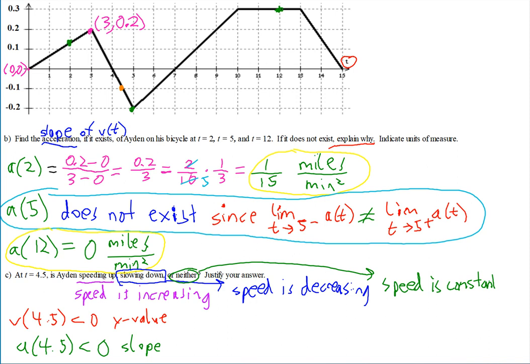So we can say at t equals 4.5, Aiden's speed is increasing, or let's word it the way they did. So you could say Aiden is speeding up.